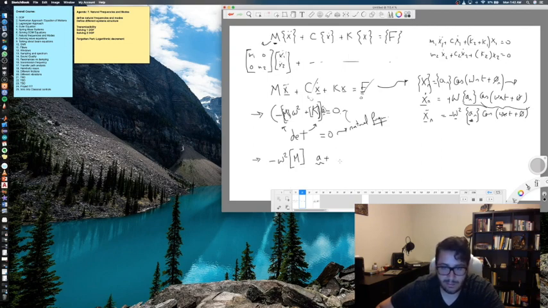So this is my modes coefficient, plus k times my modes as well, equal to 0. Again, I'm putting in my natural frequencies here. I can multiply both of them by the inverse.